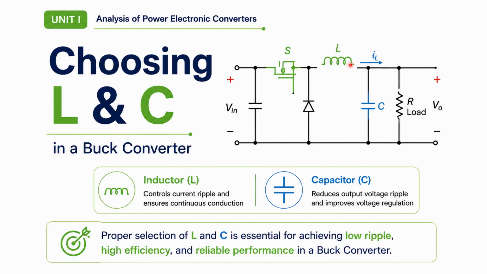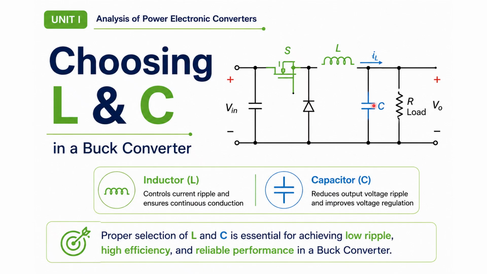Similarly, a capacitor stores electrical charge. So what is the function of a capacitor? It stores the electrical charge, and its primary function is to maintain a nearly constant output voltage. So the inductor keeps the current less pulsating, and the capacitor keeps the output voltage nearly constant.